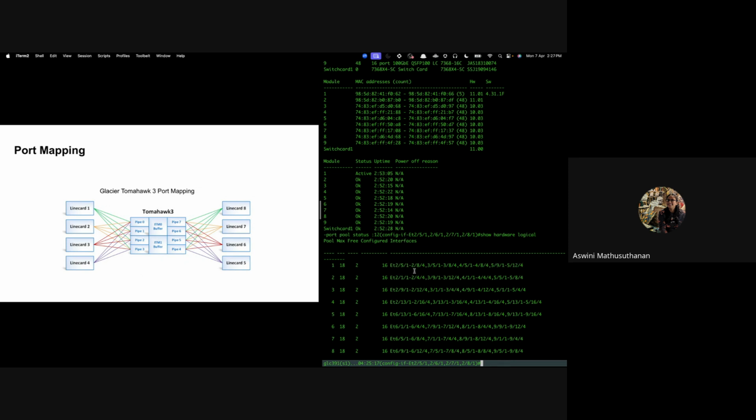Then the way the ports are mapped looks pretty random, but we can see that there are 16 possibilities here, and it's 3/5/1 to 3/8/4. There is one more 16 possibilities here, and another 16 here from line card 5.